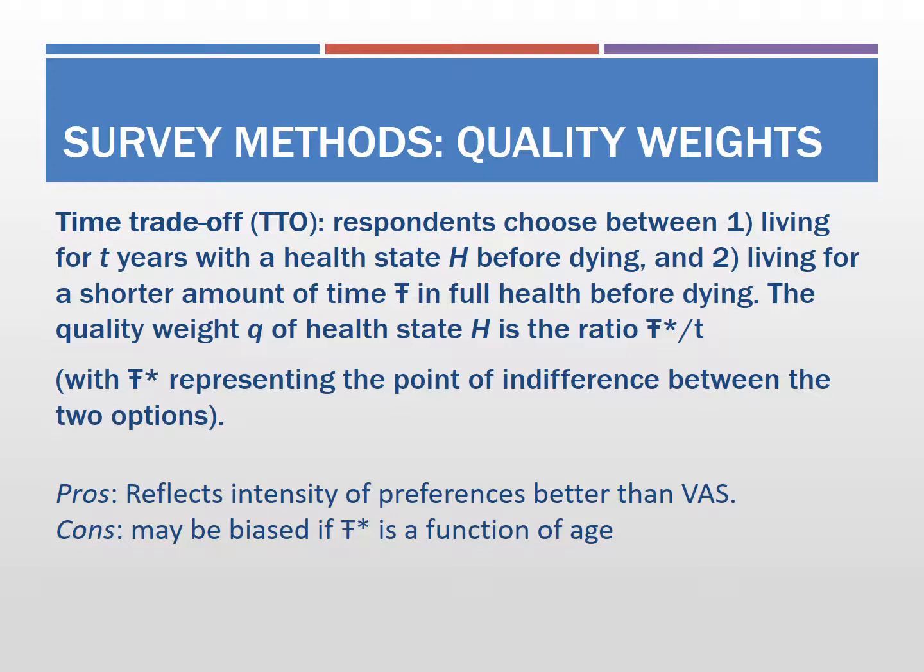So the quality weight Q of the status H is the ratio of the shorter time divided by the longer time in the health state, which is less than the full health state.